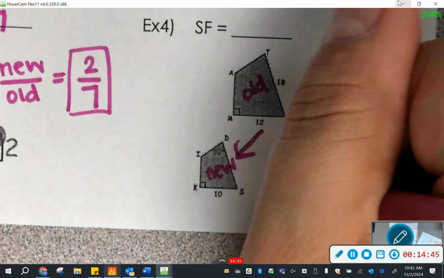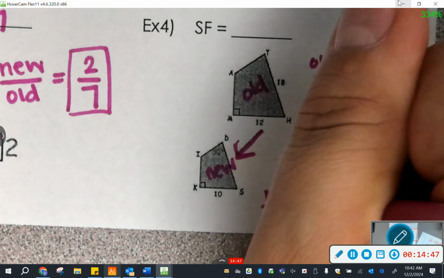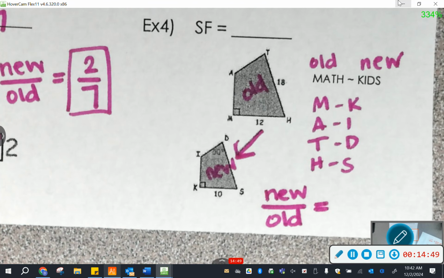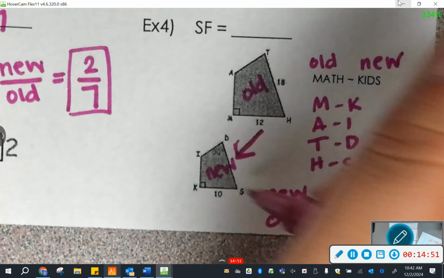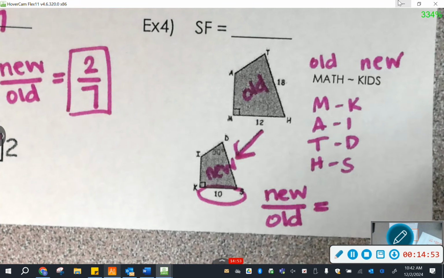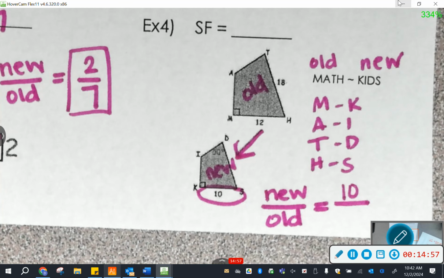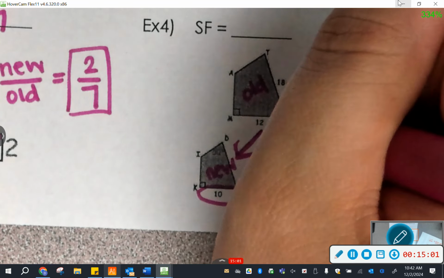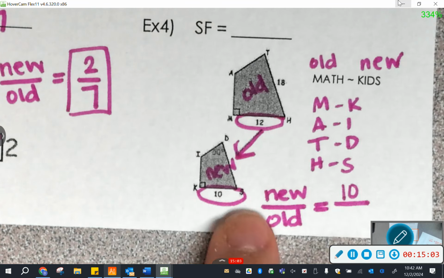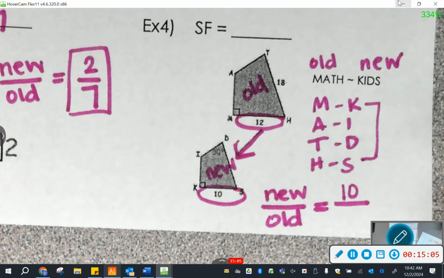All right. I need to find the scale factor, so I'm doing new over old. What's my new value? 10. If I'm using that as 10, what am I going to use for my old? 18 or 12? I have to use 12 because KS goes with MH.